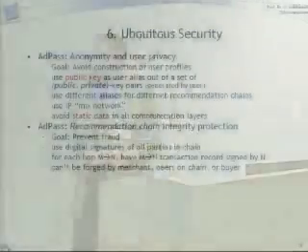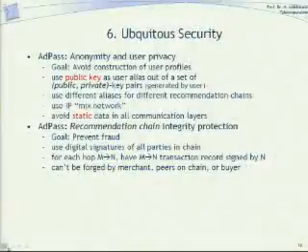So this issue of ad pass turned out to basically have two security issues involved: anonymity and privacy, but also this integrity protection over the recommendation chains, because you don't want to have somebody shortcut the chain and collect more bonus points, or the vendor get rid of some people in the chain, etc. So you have to do this very neatly.